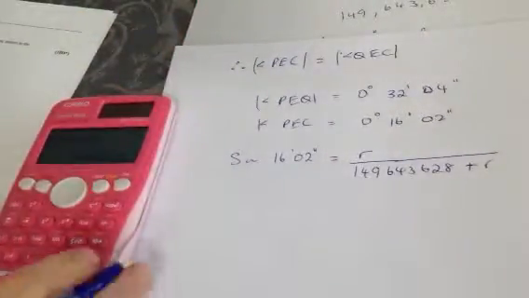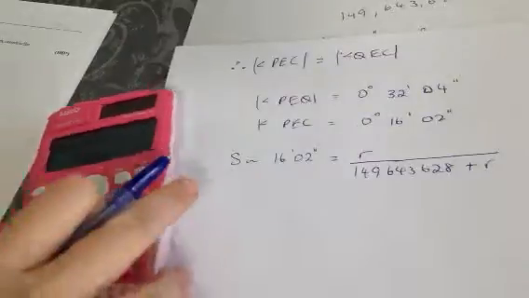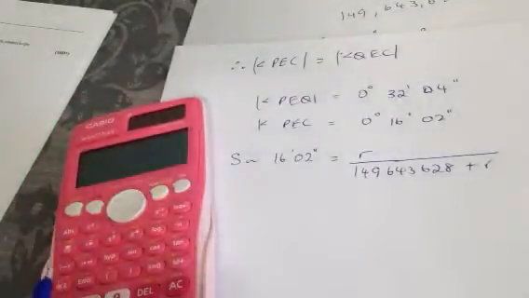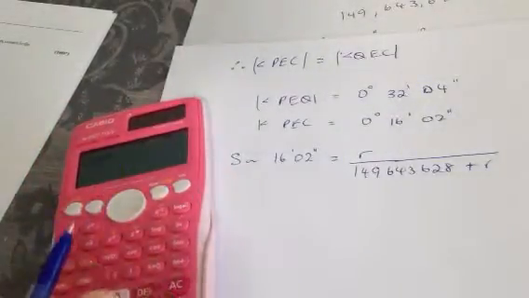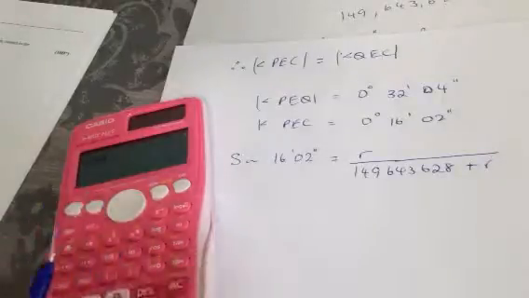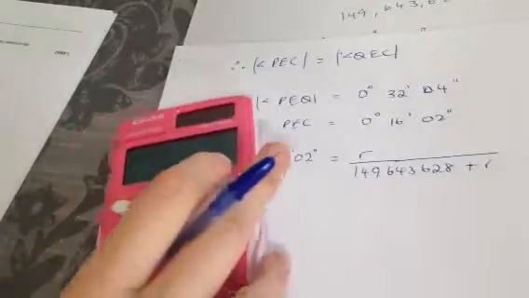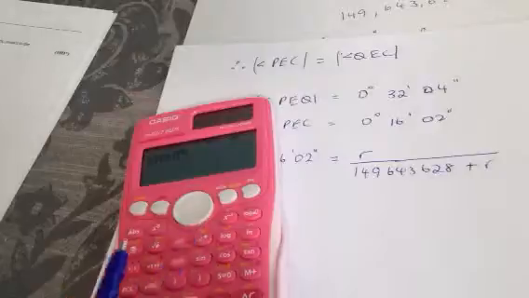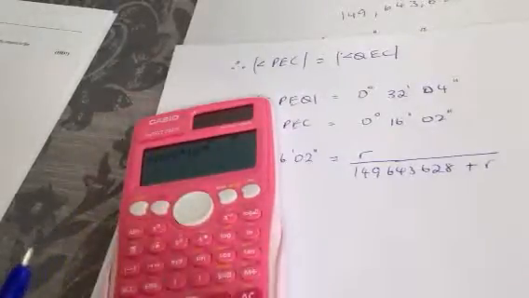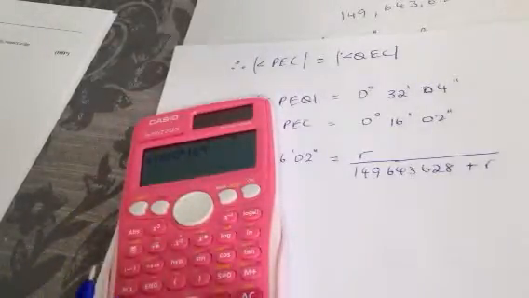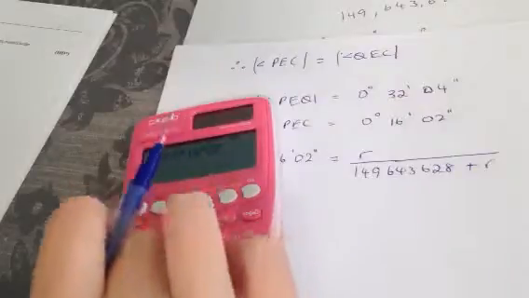So we have the sine of 0 degrees, 16 minutes and 2 seconds.